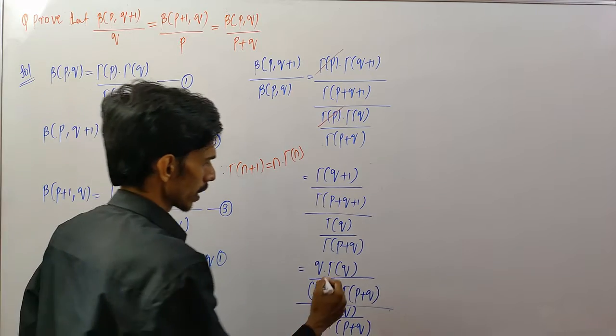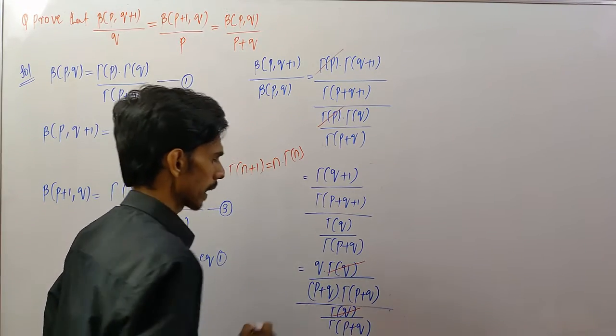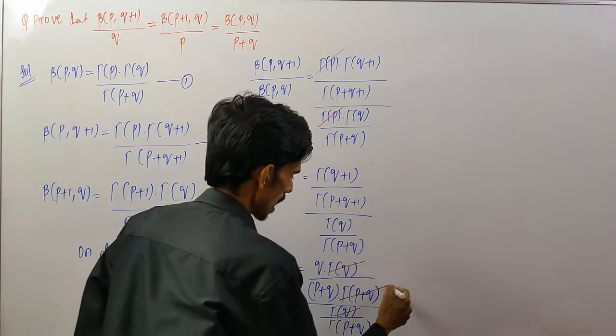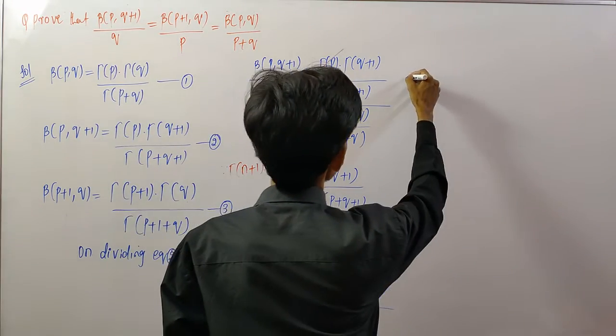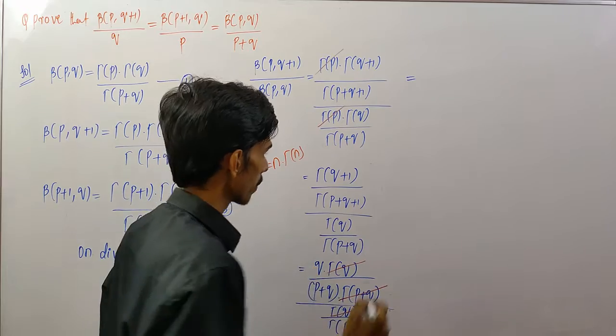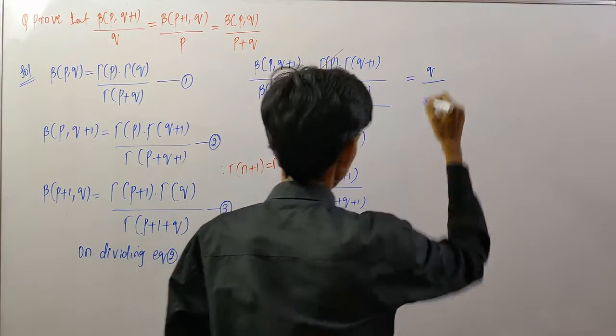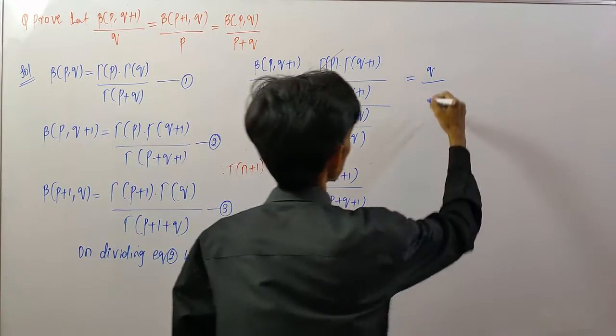Now this gamma q will get cancelled, this gamma p plus q will get cancelled. We have q divided by p plus q.